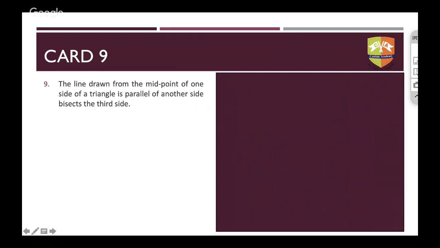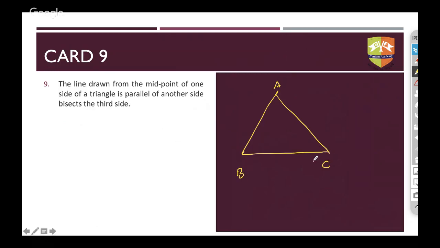So let's again understand what exactly this is. There is a triangle, and this is A, B, C. We say that a line is drawn parallel from the midpoint of one side.